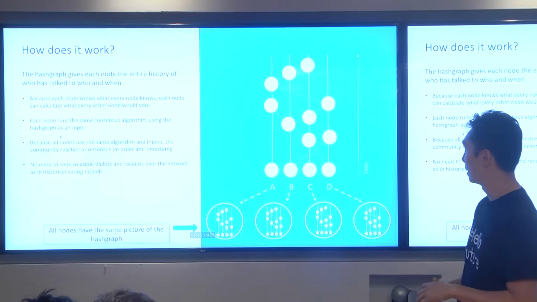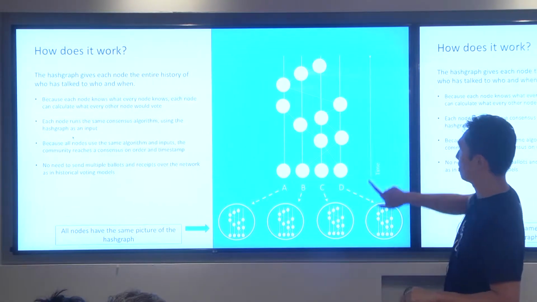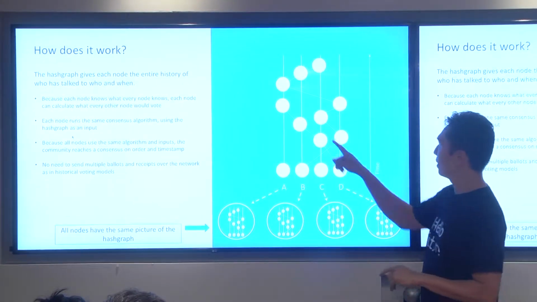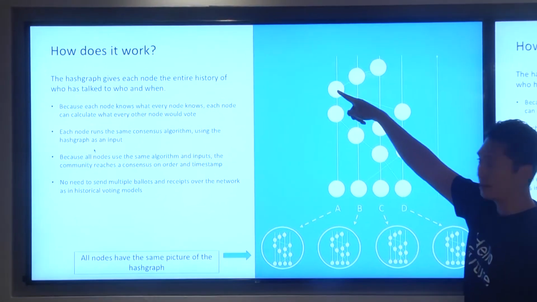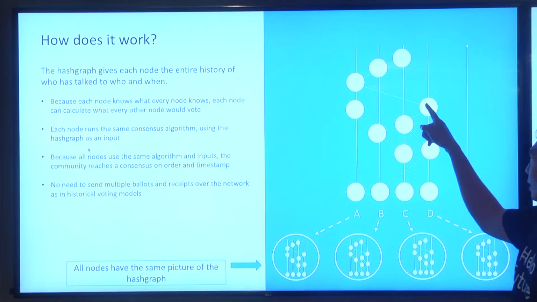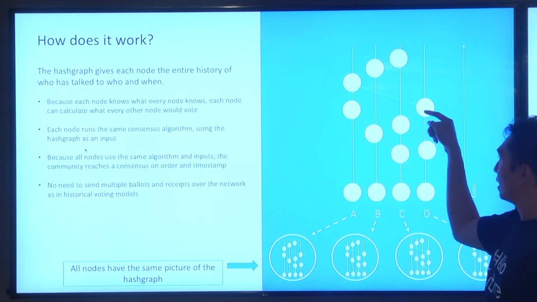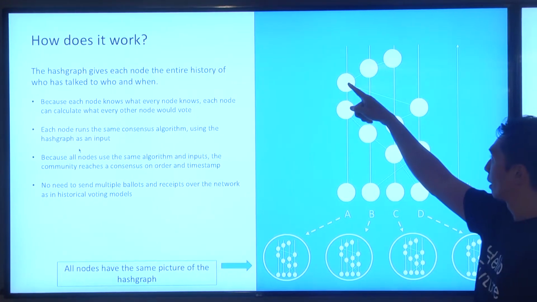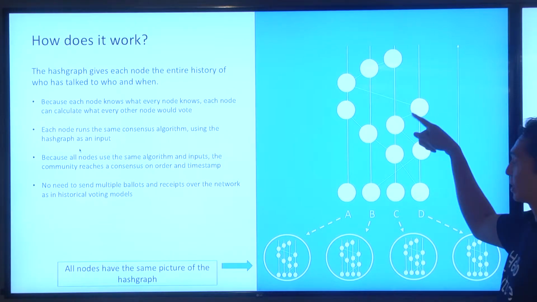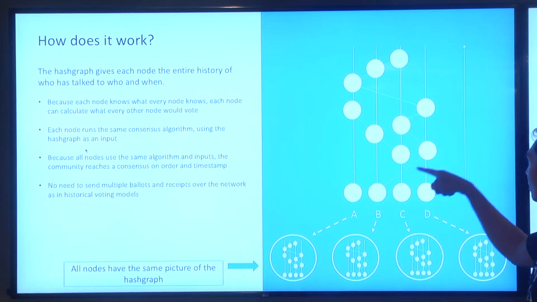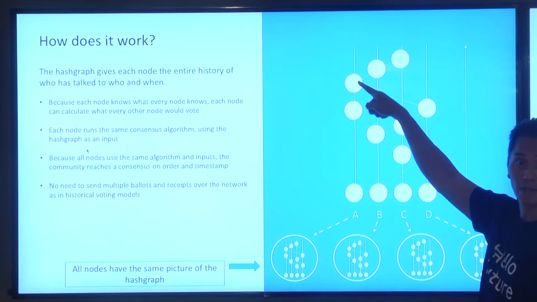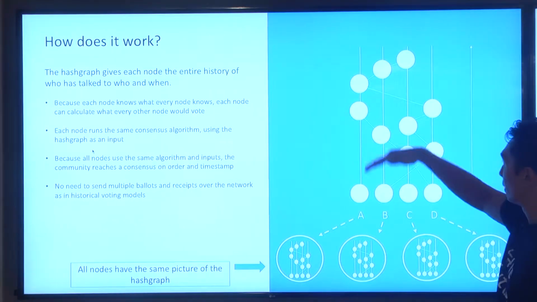Can we move to the next slide? So this is the hash graph. Time goes up this way. If you look at this event right here of Dave gossiping over to Alice, as she receives this gossip event, because of those hashes, she's able to recreate this entire diagram below this event, right?